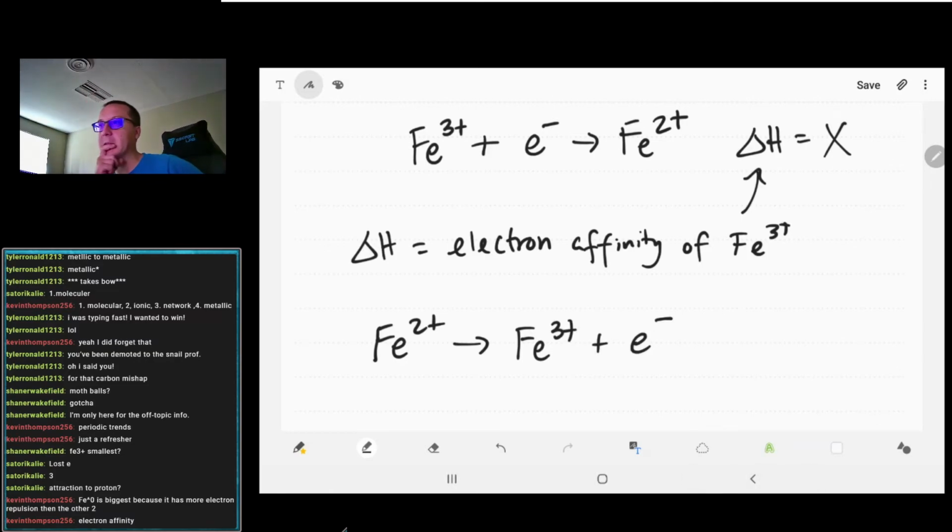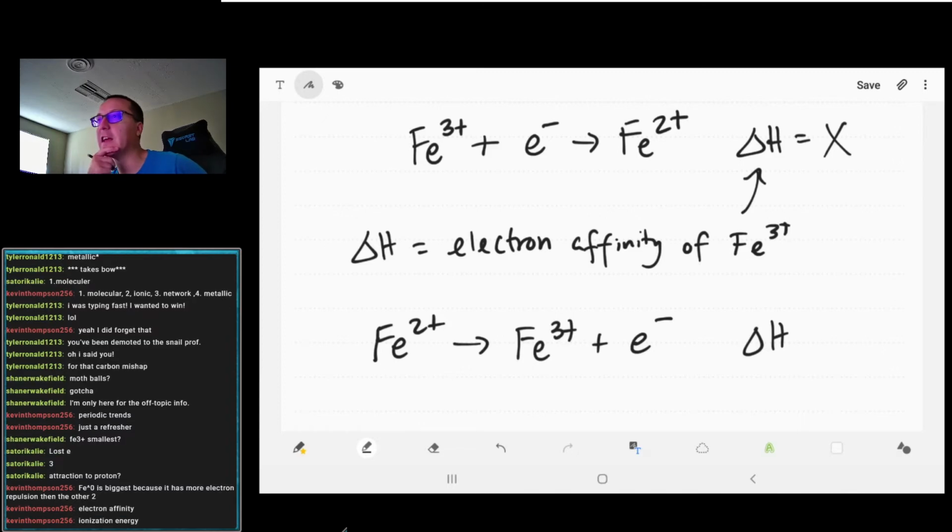How about this one? What would the delta H be called for this one? Let's be super specific, since we do have a name for this particular one. It is an ionization energy, but what ionization energy?